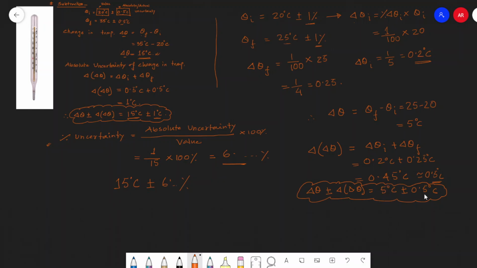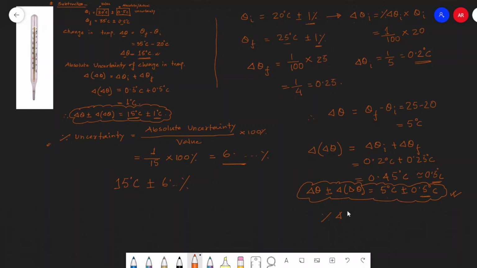Right here, in terms of the absolute uncertainty, this is 0.5 degrees Celsius, and in terms of the percentage uncertainty, how much is it going to be? So as we already got the absolute uncertainty here, and the value here, the percentage uncertainty can be calculated.